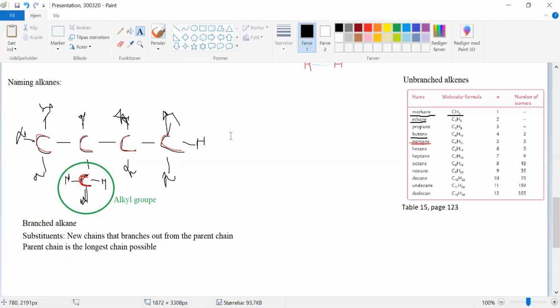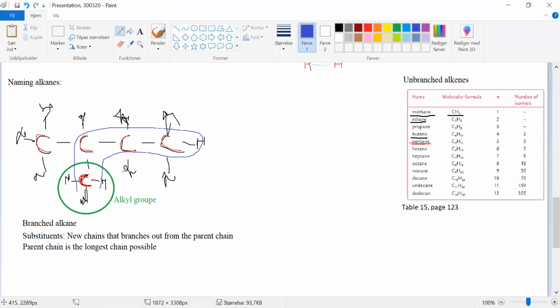And for this molecule, we actually have 2 different parent chains. There is the parent chain here, 4 carbons, but there is also the parent chain here. That's also 4 carbons, and it doesn't matter that it's not on a straight line, as long as we don't go back.